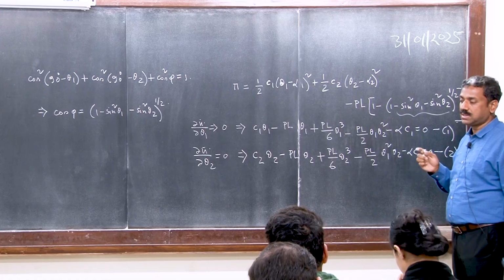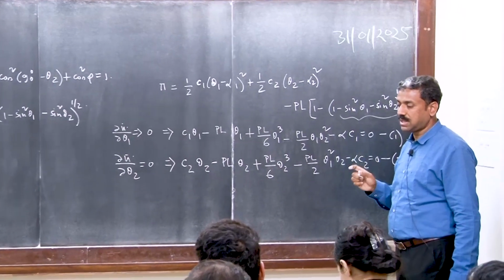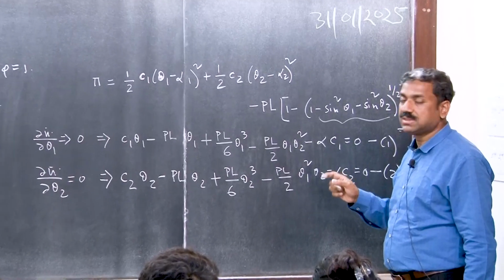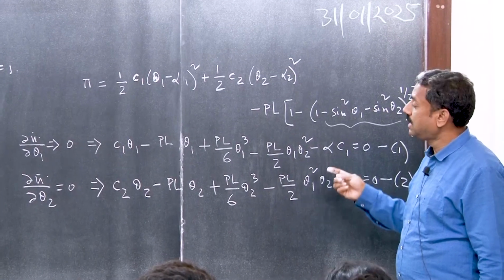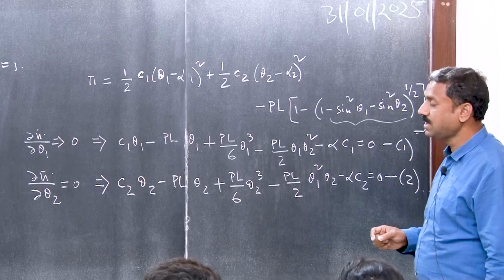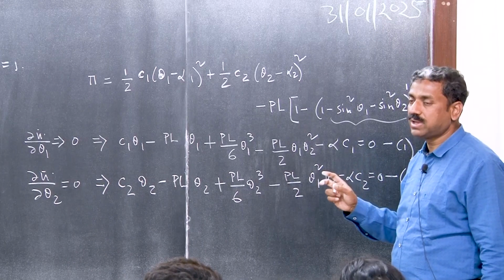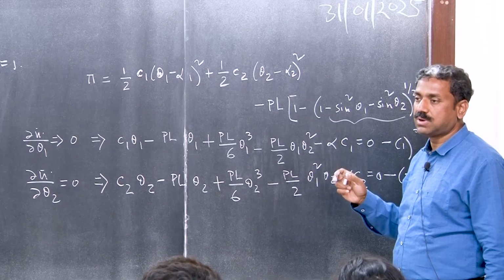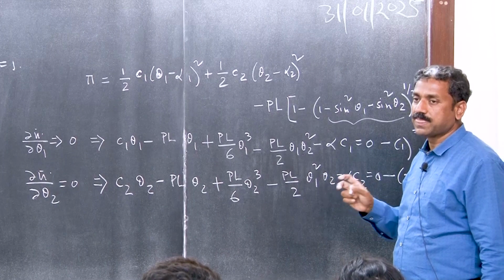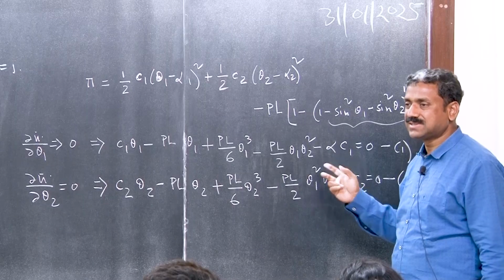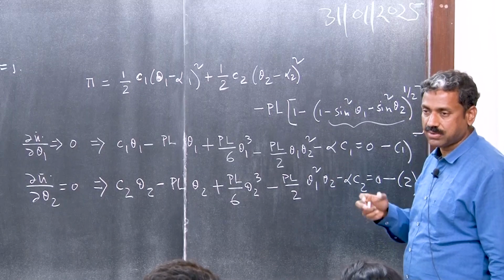We included both the theta term as well as the theta cube by factorial 3 term, and then while squaring we retain only theta 1 square, theta 2 square, and the theta 1 theta 2 cross term, okay. The sixth order terms are neglected, okay.